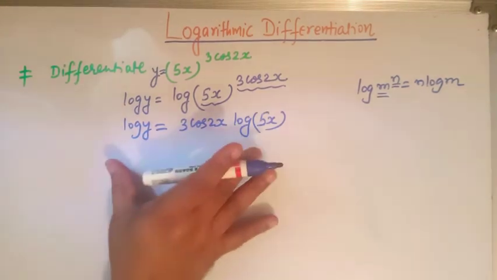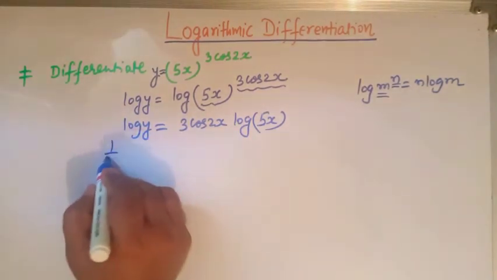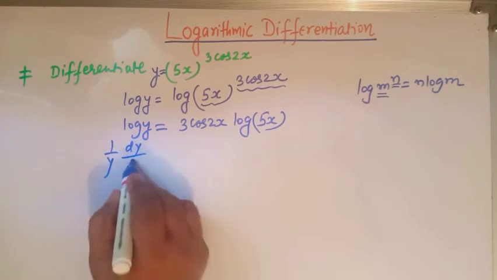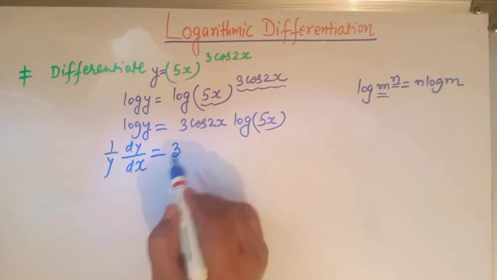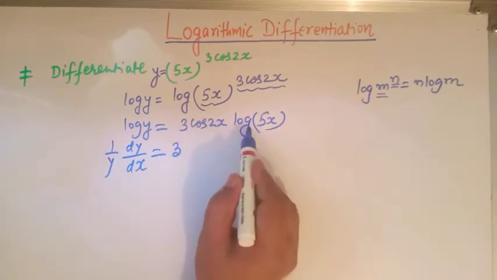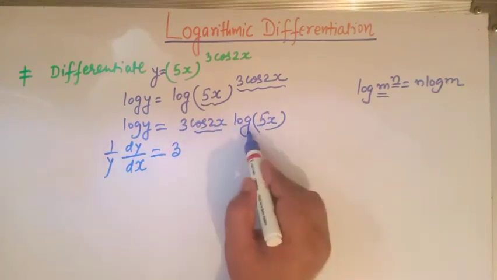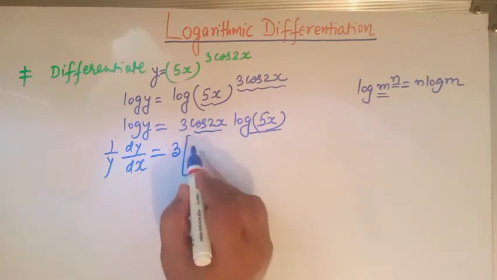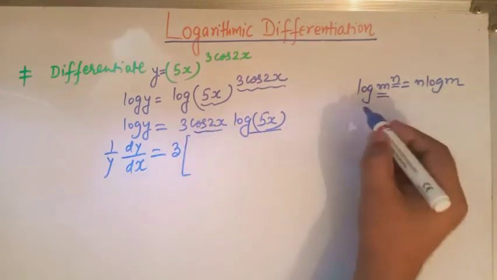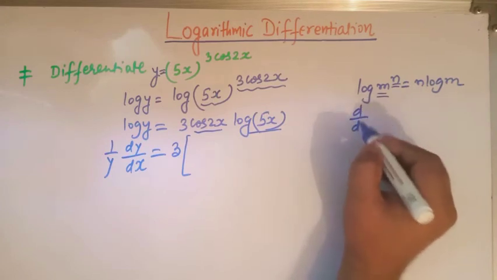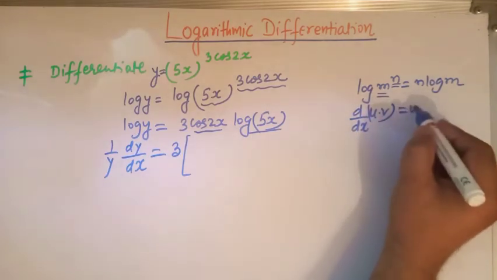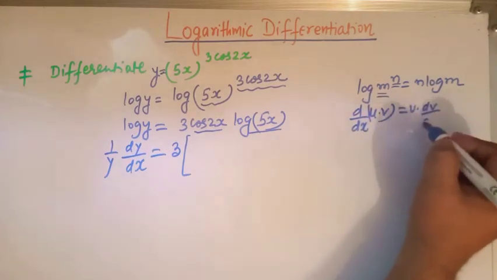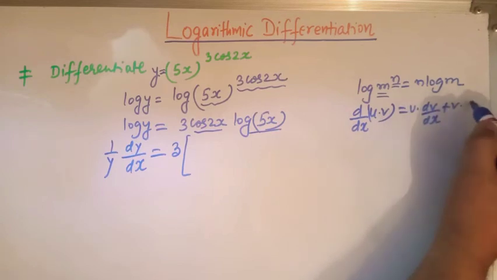Now differentiating both sides with respect to x, we have 1 over y times dy over dx, and here we have 3 and cos 2x and log 5x. This is the product of two functions, so we apply the product rule, which says that d by dx of u times v is equal to u times the derivative of v plus v times the derivative of u, right?